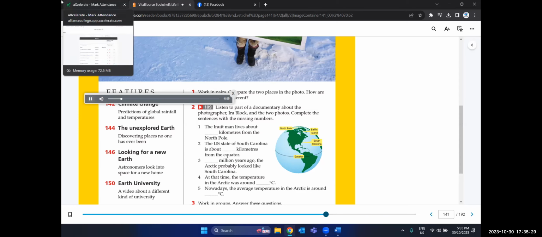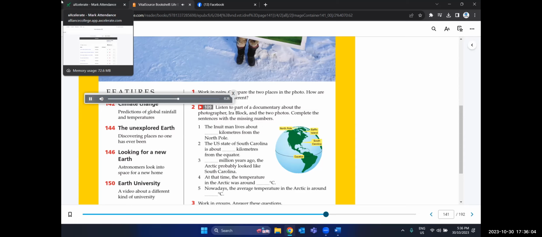This Inuit man lives on Baffin Island in Canada. It's in the Arctic, about 2,500 kilometers from the North Pole. Ira Block took the photo, and the Inuit man is also holding another photo by Ira Block. Ira took his second photo in the US state of South Carolina, which is about 2,500 kilometers from the equator.